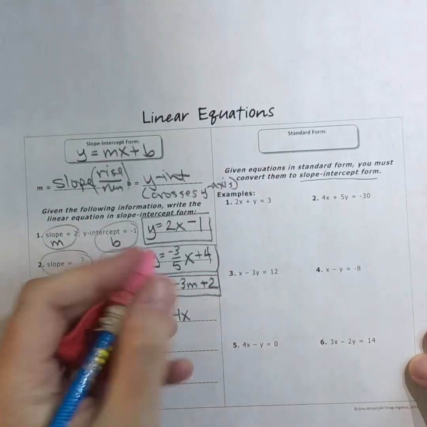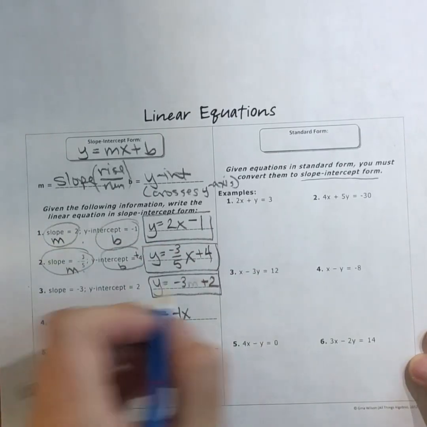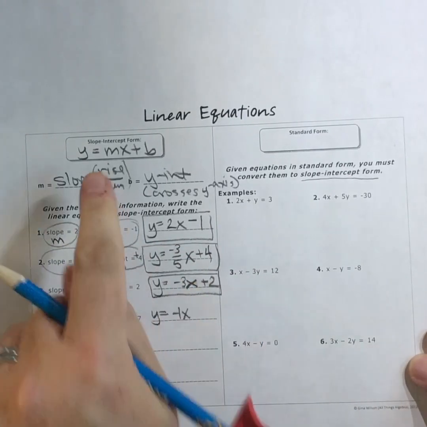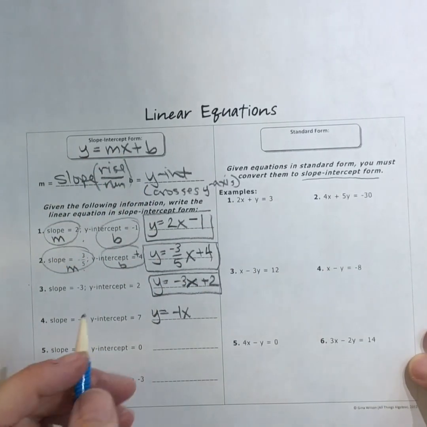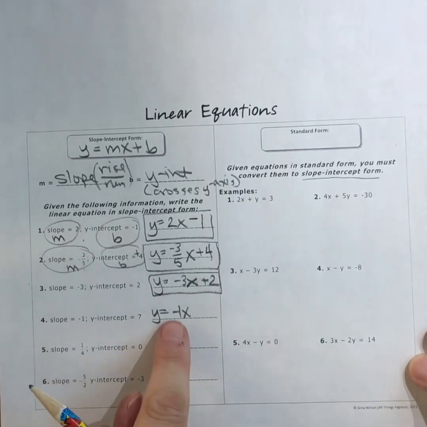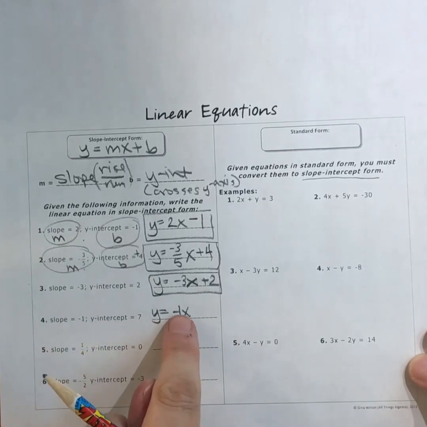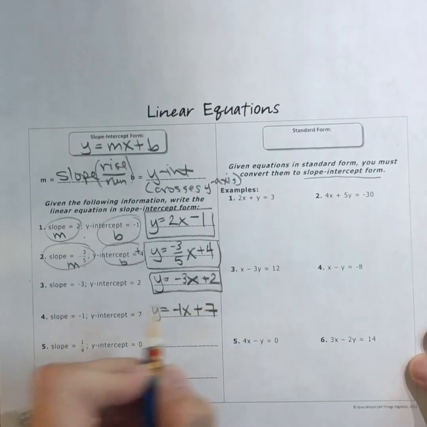Oh, I just noticed up in number 3, yes, the m is -3, but it's -3x. The m is always multiplied by the x, and we're going to talk more about that later and why that's so important. But sorry, back to number 4. So the slope is -1, so m times x, and then our y-intercept is +7, so we do +7.